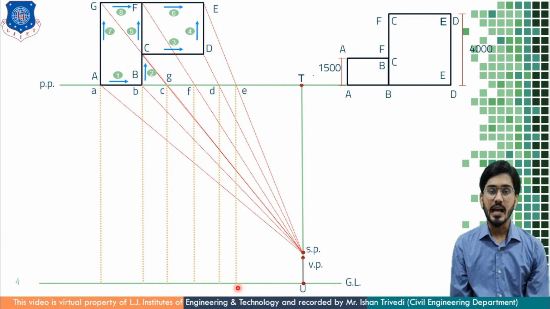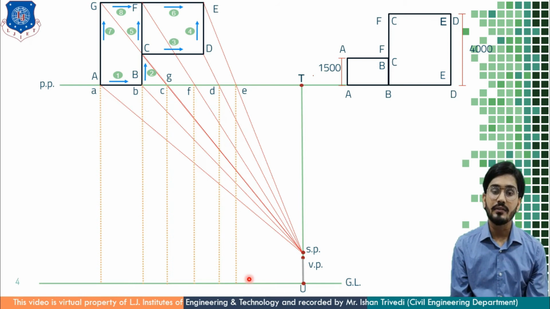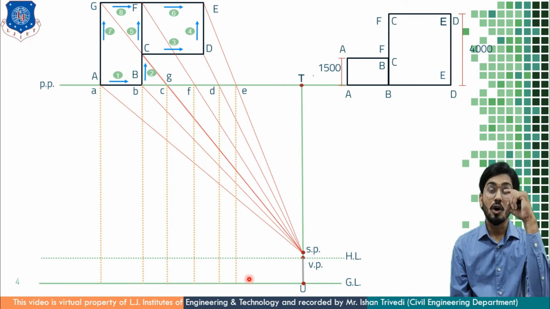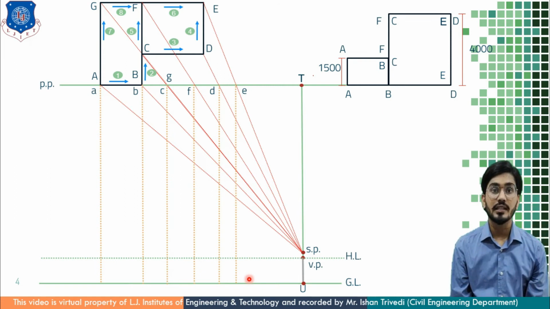My feet are at the ground line and my eye position is at the vanishing point, and that line is called the horizon line, because things are merging at the vanishing point. These things were discussed in the theories of perspective drawing, so it has to be very clear.